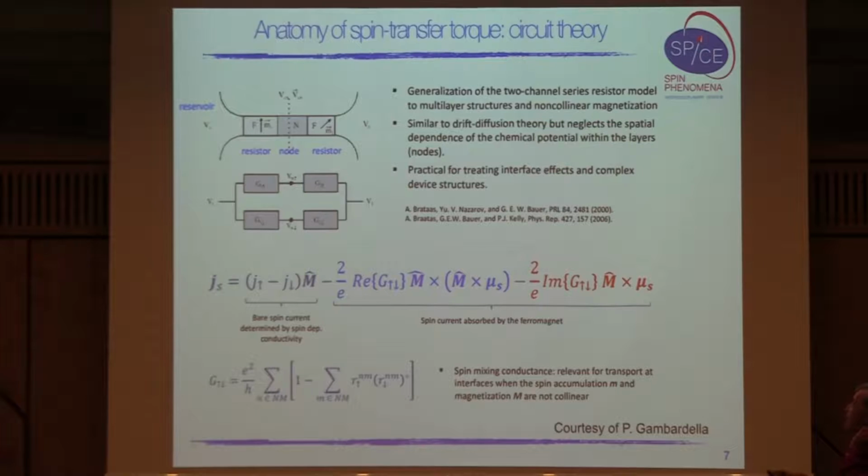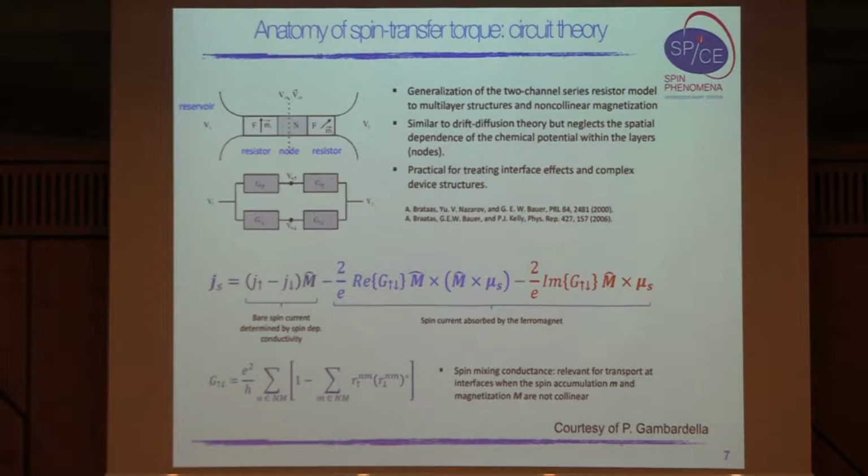This gives you the idea of the circuit theory that was developed by Brataas, Bauer and others. This is the origin of the spin mixing conductance, where you are essentially solving a scattering theory problem, where a polarized electron gets scattered back, and you define the mixing conductance in terms of 1 minus the reflectance in one channel times the reflectance in the other channel.